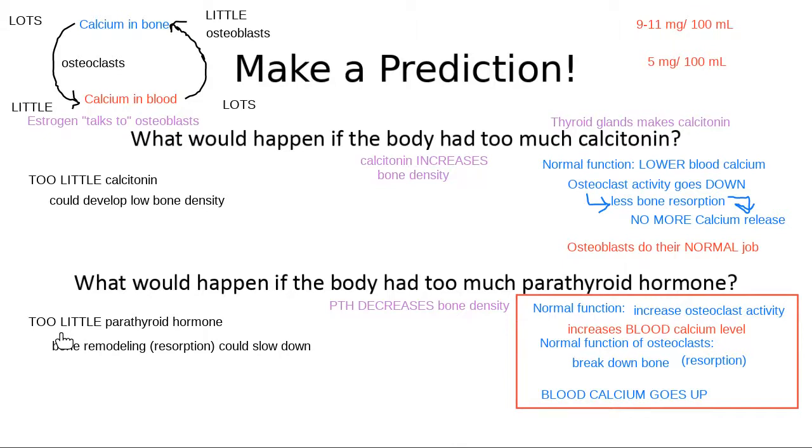So Nicole asked the question in the chat. Are you asking about parathyroid hormone, Nicole? I don't know which hormone you're asking about. Okay, so let me put this to the class. What happens if we have too much parathyroid hormone? What's going to happen in your body if we have too much parathyroid hormone?